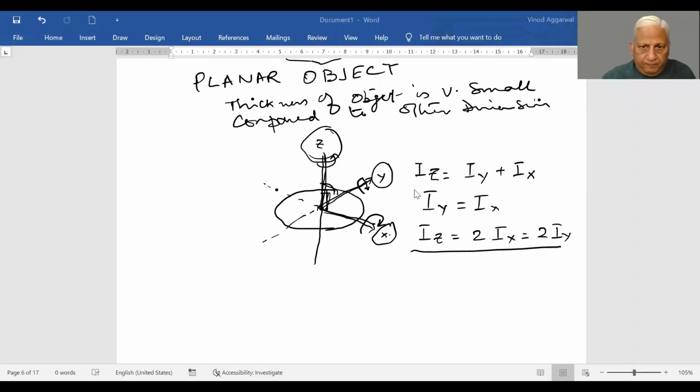Just to recap, in the perpendicular axis theorem, condition 1: it is applicable only to planar bodies.